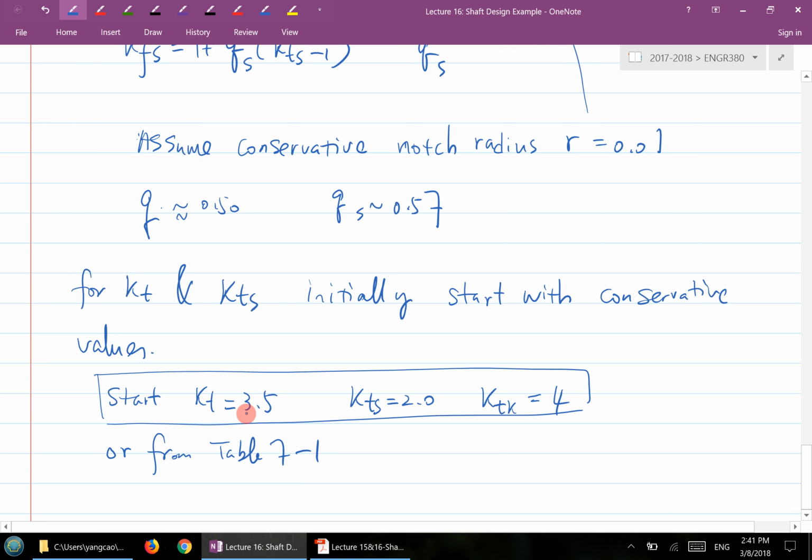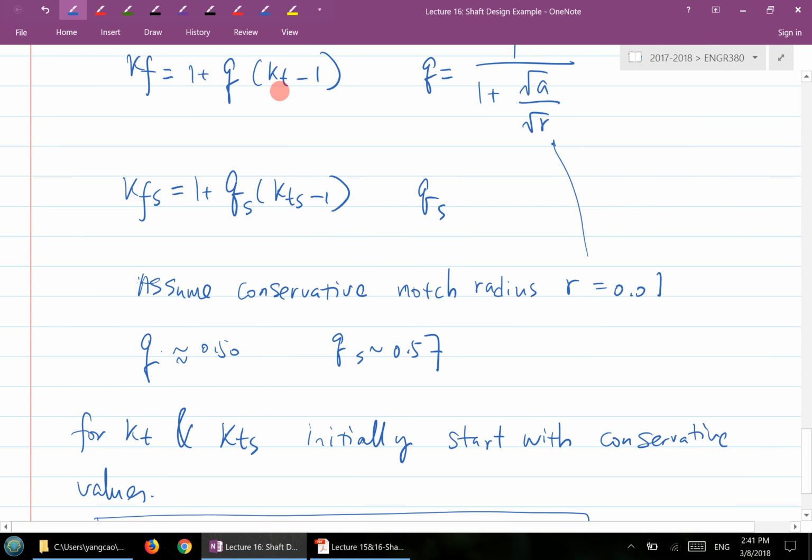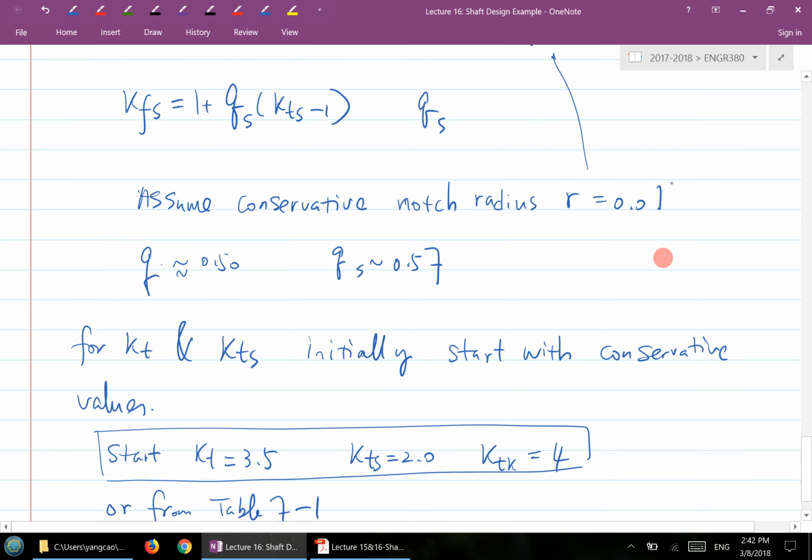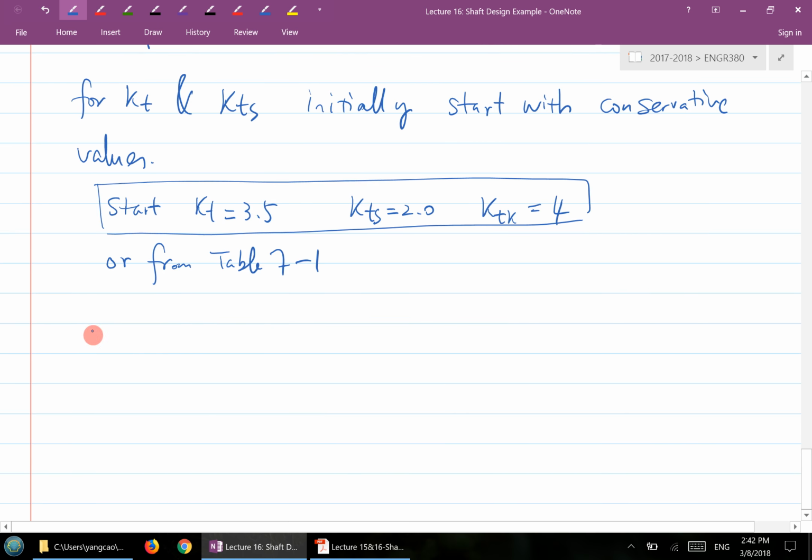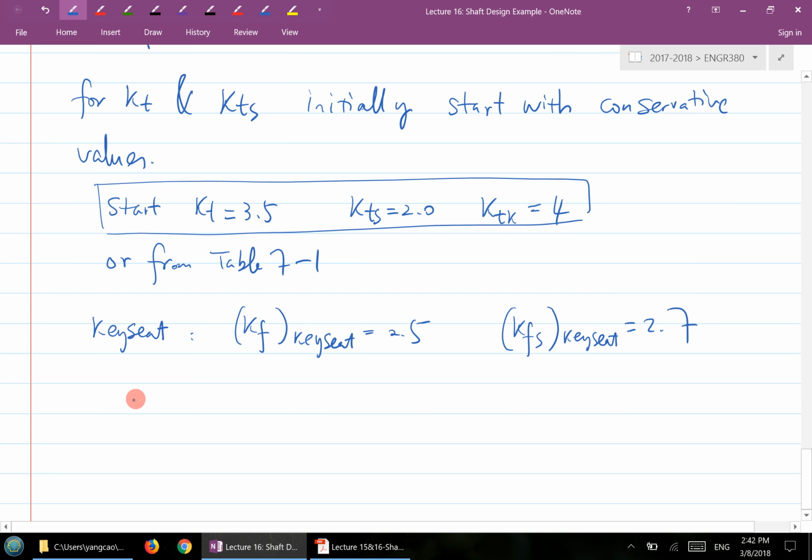Once you start with this, then you substitute into the formulas over here. Now we can get the KF value for the K-sit, which is 2.5, and the KFS value for the K-sit is 2.7.